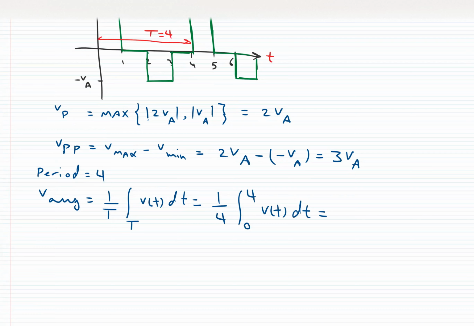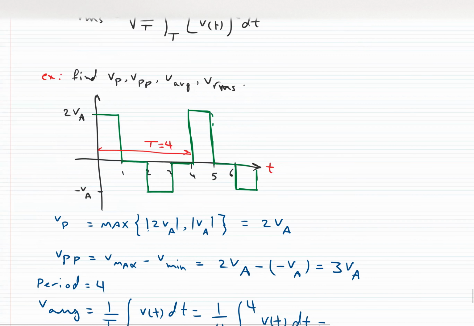But if we look at the signal from 0 to 4, it doesn't have a unique or same equation for one period.